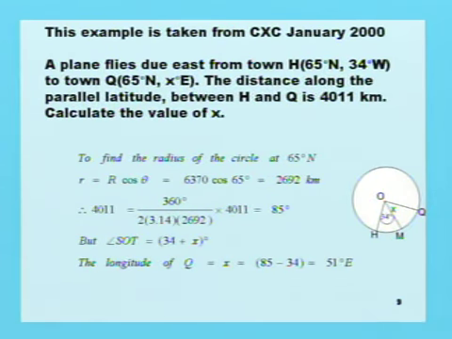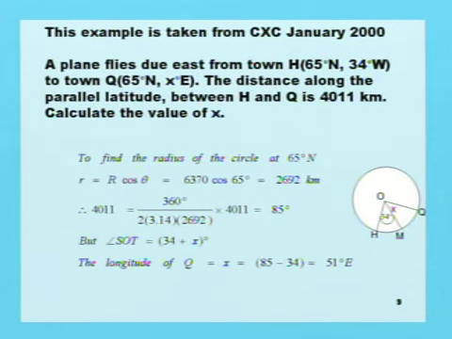Then 4,011 is equal to theta over 360 times 2 times 3.14 times 2,692. That's a ratio exercise, and when that is worked out, we'll have 85 degrees. That is, 4,011 km will correspond to an angular measure of 85 degrees.